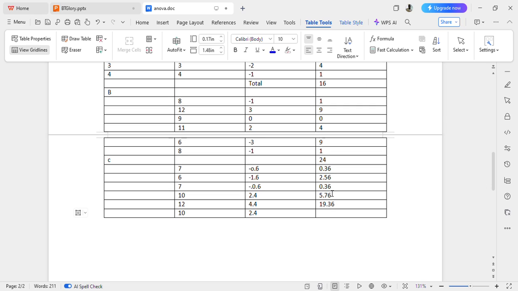And then the square of 2.4, we have 5.76. Get the total.